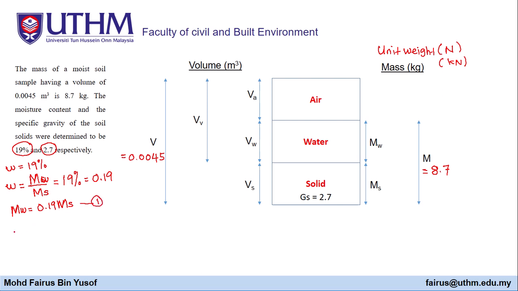And the second equation, we know that the total mass is the summation of Mw and Ms, right? So total mass equal to Mw plus Ms, right? Where M is 8.7, right?